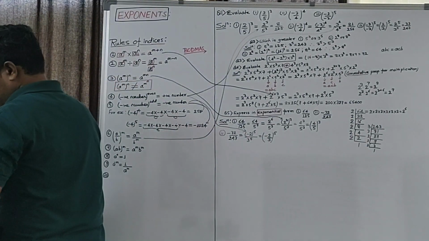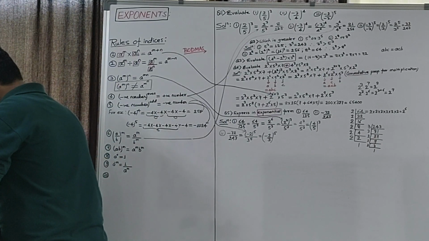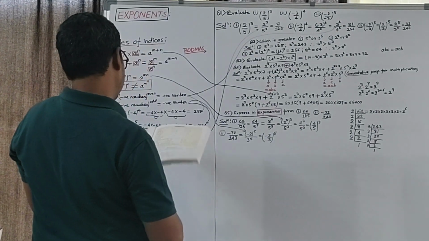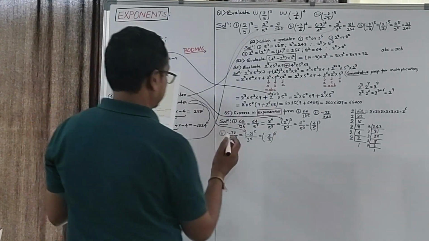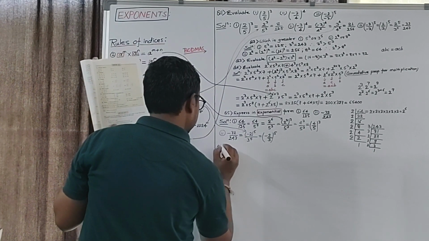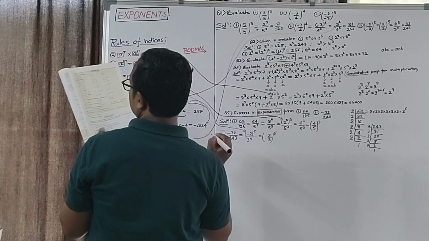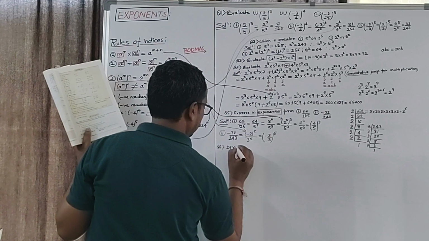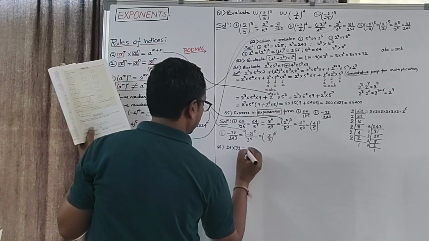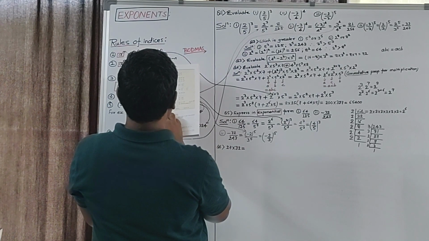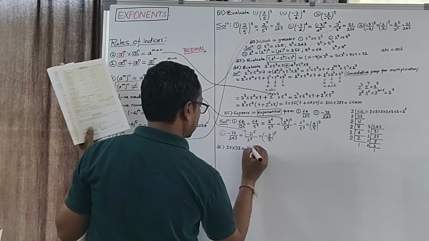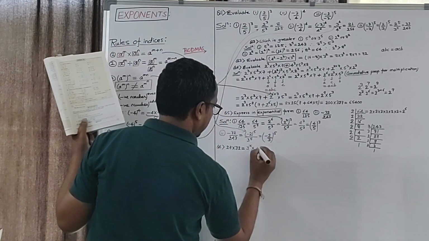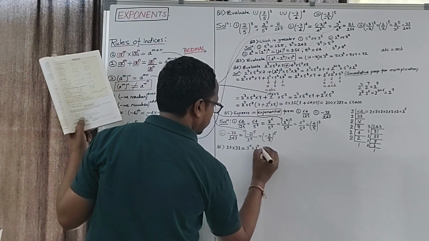Okay? So now what is the next question? We will take that and try to solve it. Yeah. So see here, question number 6 says 27 into 32 is equal to 3 to the power x into 2 to the power y, right?